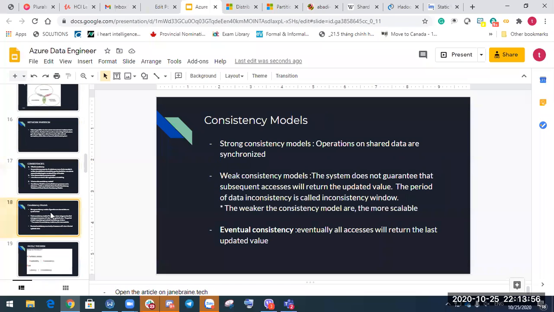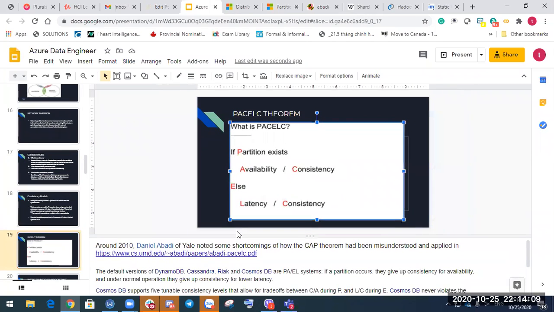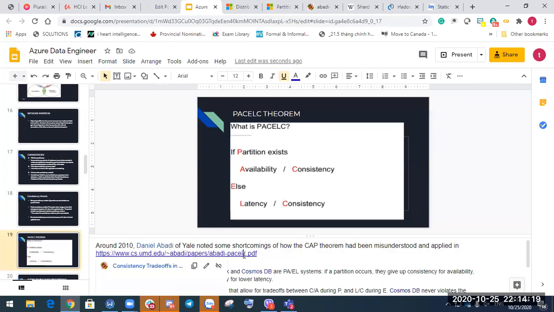And consistency models, PACELC theorem, which is one of the concepts that I mentioned today. And I think that I have given enough information explaining these letters, and I have also written a footnote down here, and also the original paper if you are interested in learning more.